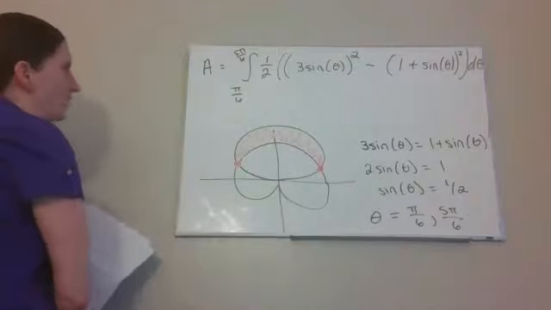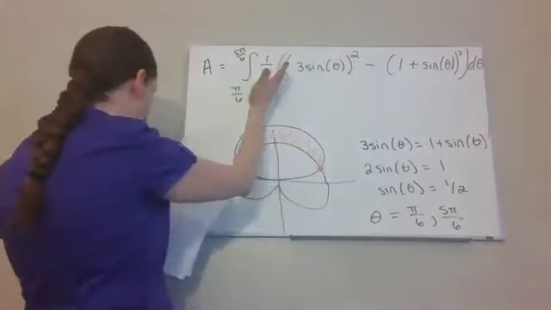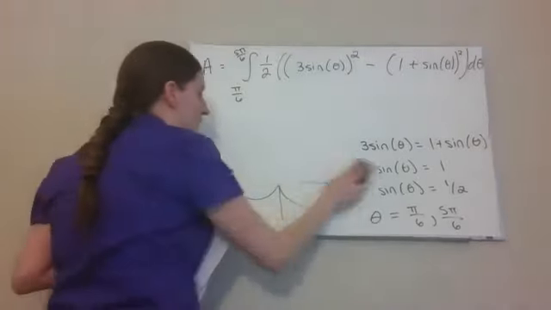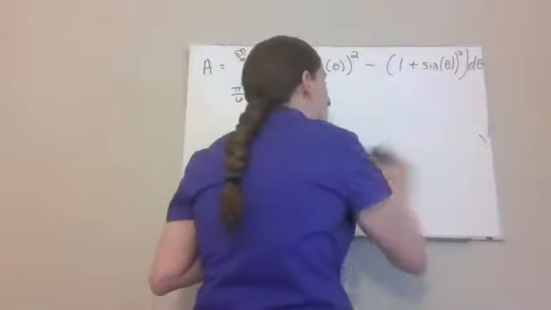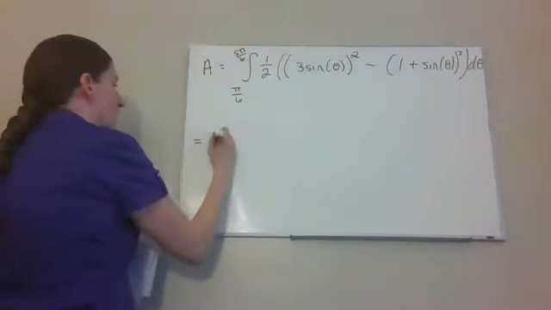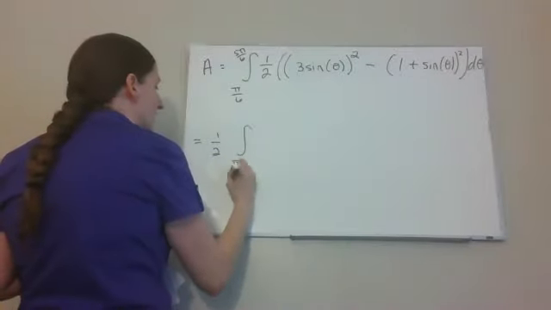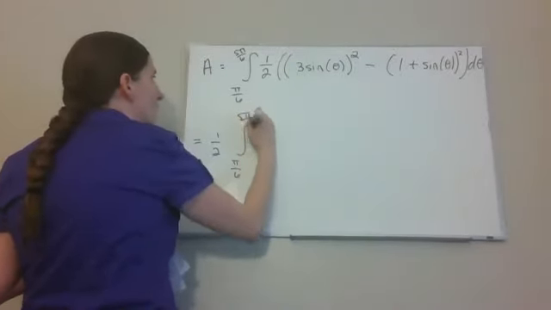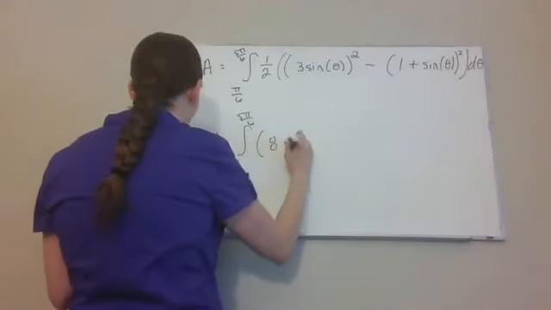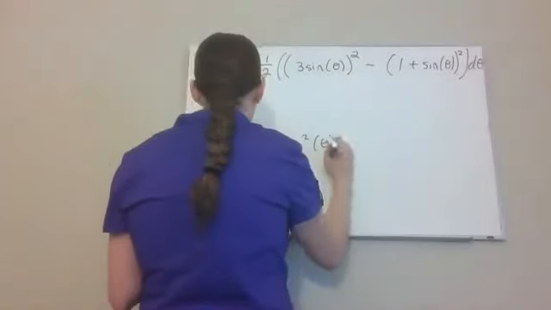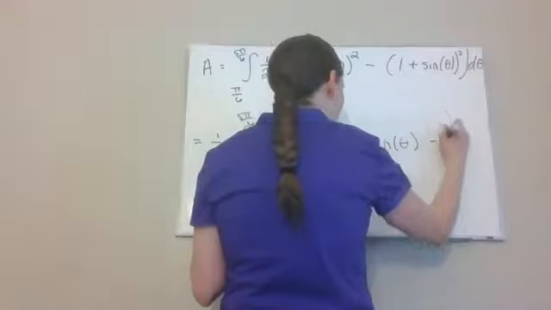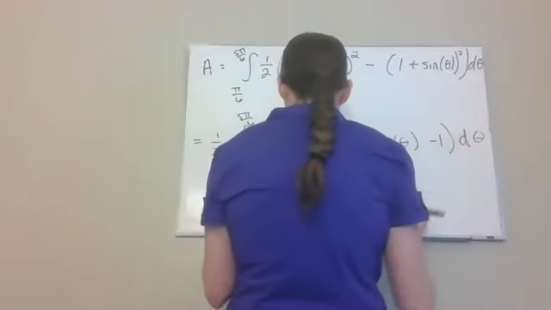So now I'm just going to multiply everything out and pull my 1/2 to the outside. If you distribute everything and combine all your like terms, you're going to have an 8 sine squared theta minus 2 sine theta minus 1 d theta.